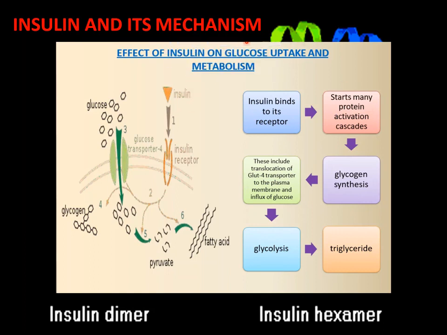This figure shows that insulin activation of its receptors leads to activation of many proteins inside the cell, including glycogen synthesis and protein synthesis, and a large number of glucose transporters at the cell membrane lead to a large amount of glucose being flipped into the cell.